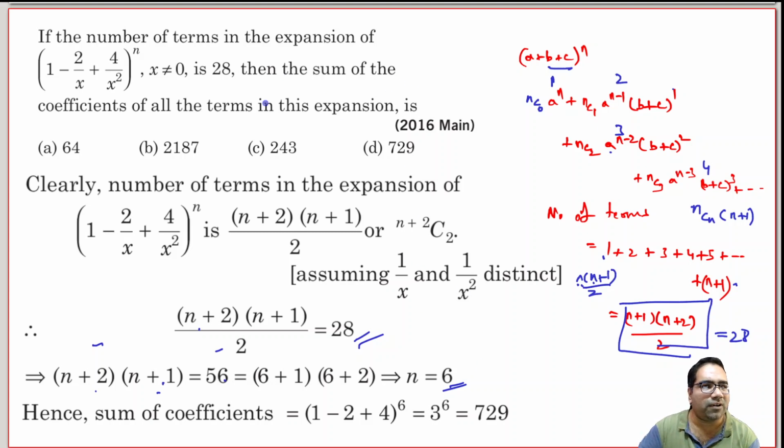Now, what is the sum of all the coefficients of all the terms in this expansion, (1 minus 2 by x plus 4 by x square) whole power n?